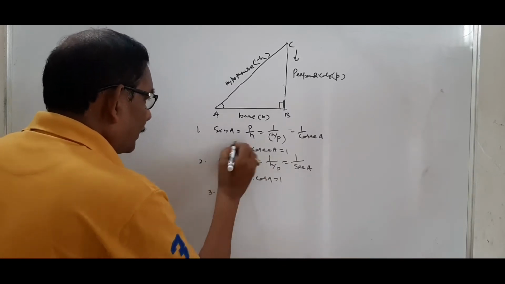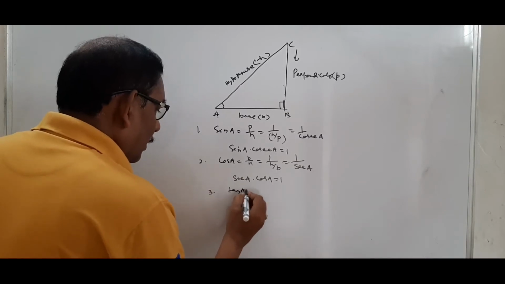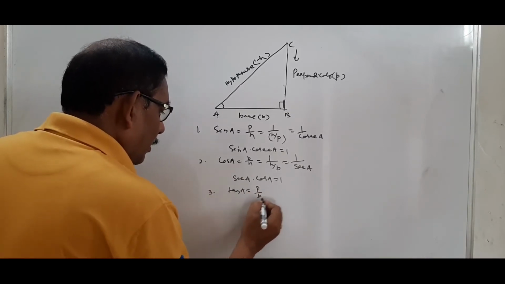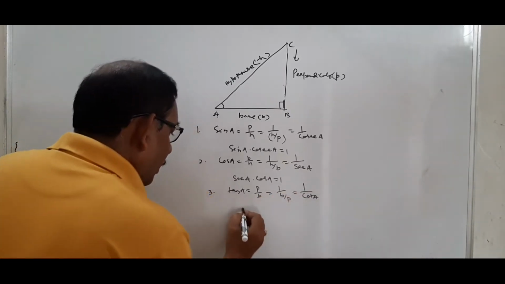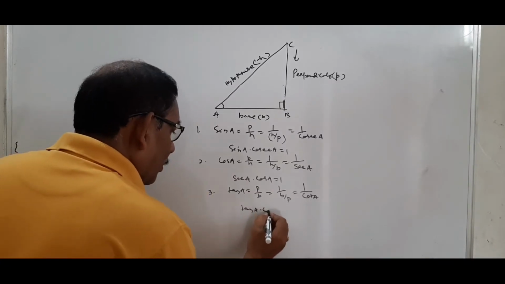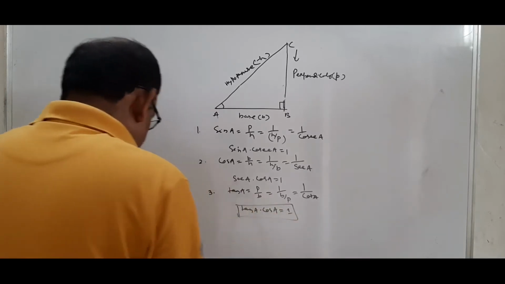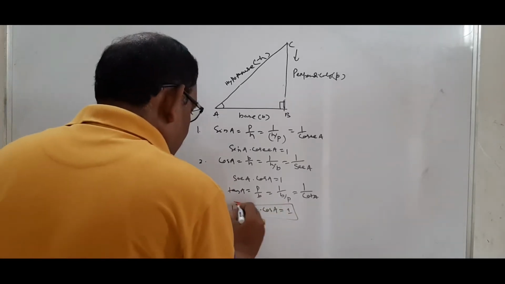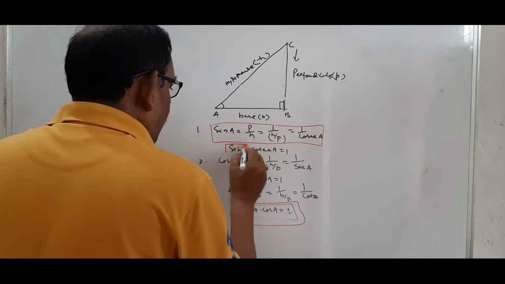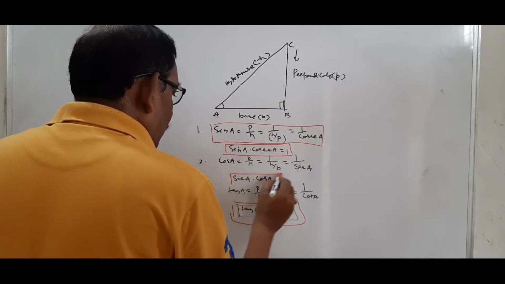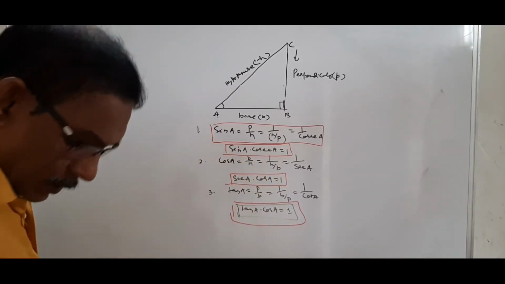Number 3, tan A is equal to P by B, that is 1 by B by P, 1 by cot A, or tan A into cot A is equal to 1. That is for base angle A. So this is the result from the ratios. Clear?